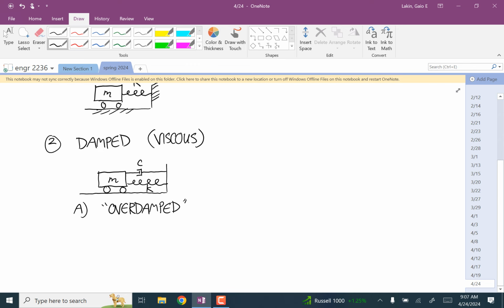And the overdamped case, so the oscillation that would occur, the oscillation dies so quickly that it takes a long time to return to the equilibrium position.